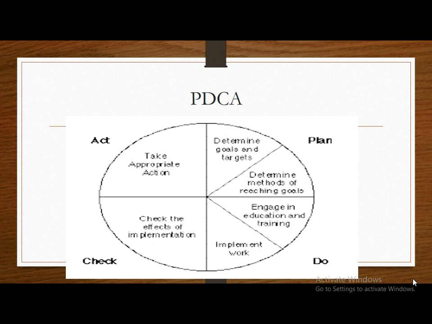So what are the benefits of PDCA? PDCA has been used for many decades for its numerous advantages. Some of these advantages are that it enables improvements in the system. It is flexible in nature, and it is very simple. Still, it is a powerful tool.